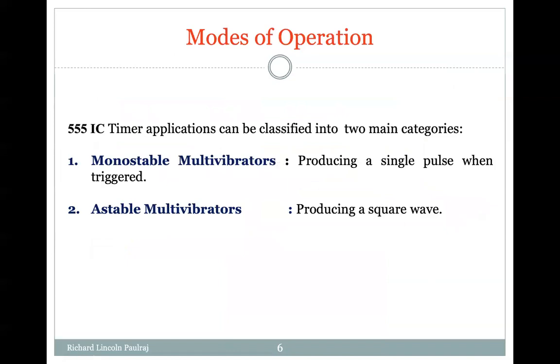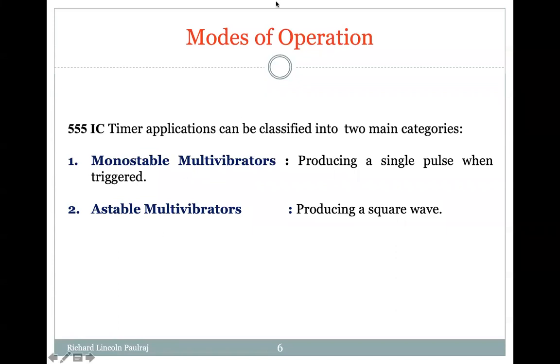Now, basically, there are two modes of operation. Number one is the monostable multivibrator, and the second one is the astable multivibrator. When I say that the 555 timer is in monostable mode, it means that it sends only a single pulse when it is triggered. That's important.